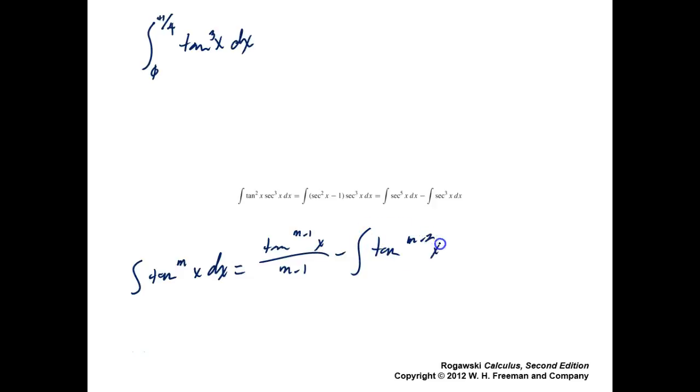The integral of tangent to the m of x dx is equal to tangent to the m minus 1 of x over m minus 1, minus the integral of tangent to the m minus 2 of x dx. There's what the table says.